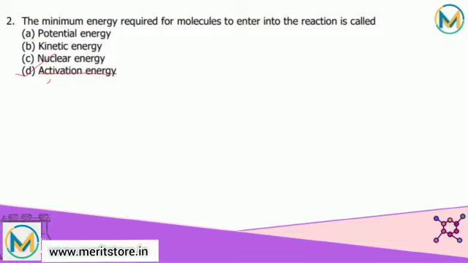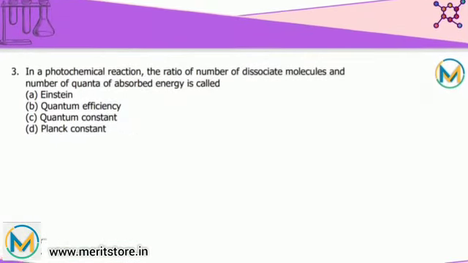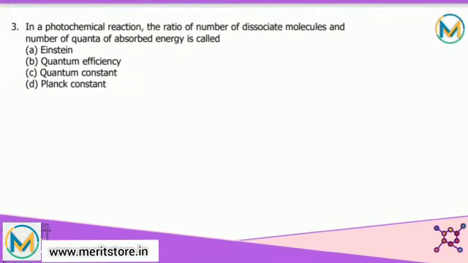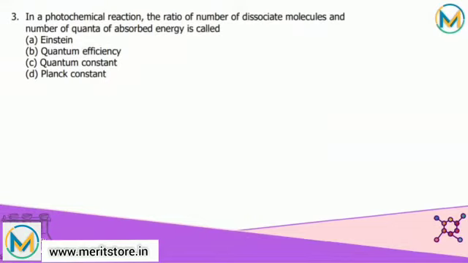Looking towards the next question, in a photochemical reaction, the ratio of the number of dissociated molecules and the number of quanta of absorbed energy is called Einstein, quantum efficiency, quantum constant, or Planck's constant.